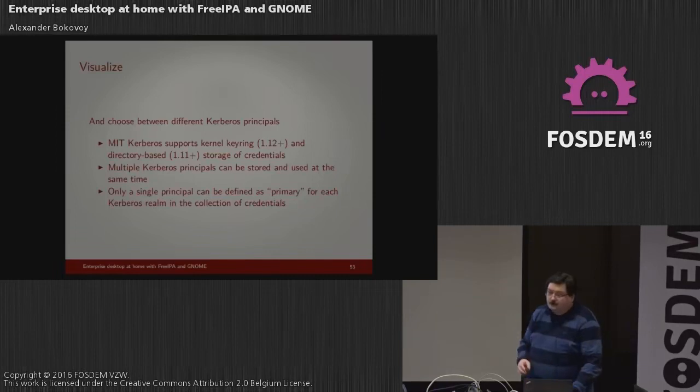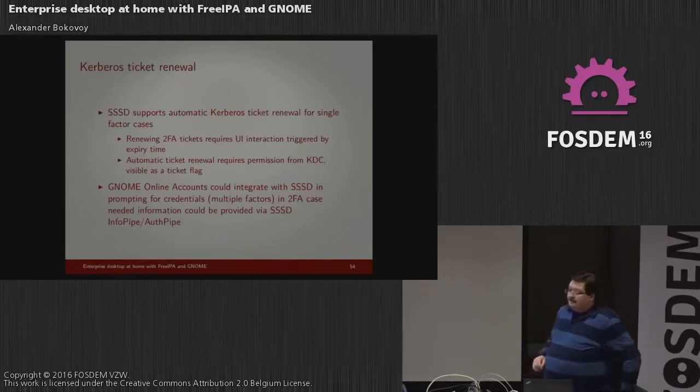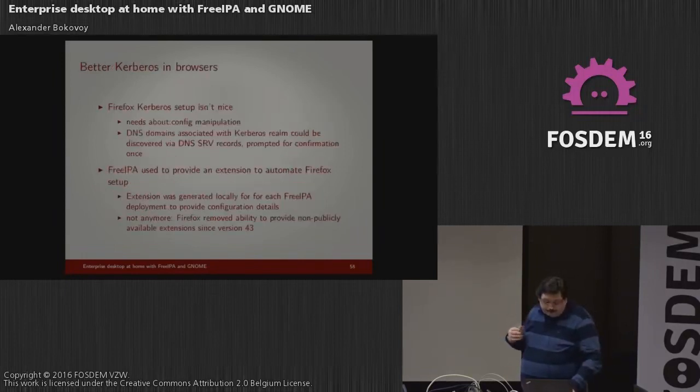The Kerberos library has all the logic for selecting which one is primary. On the command line you can switch them, but in the UI you cannot. And for multi-factor principals, renewal requires interaction with the user, so interaction with this code, which is currently missing, and we need to think of how to implement it.